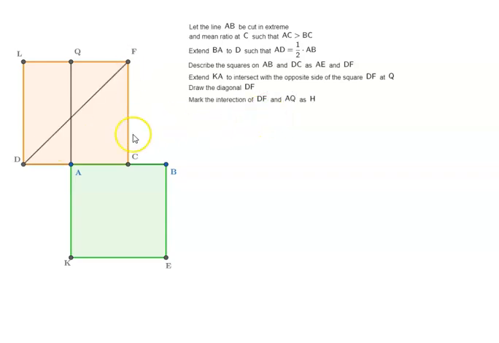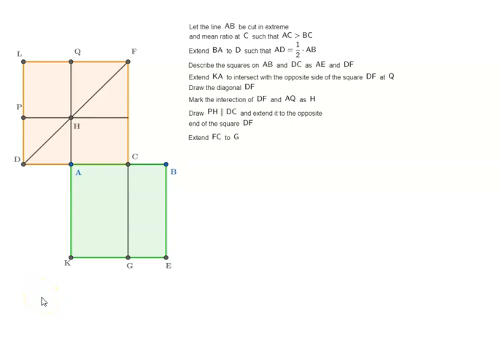Mark the intersection of DF and AQ as H. And now we draw a line through H parallel to DC, and let's mark it as P. Extend FC to KE and let's mark it as G.